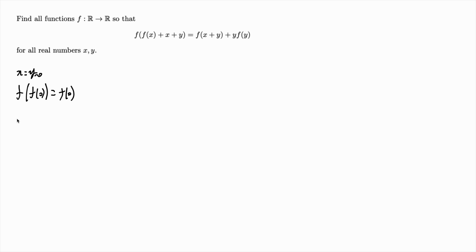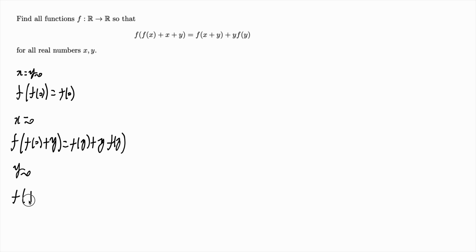Now the next fundamental thing that we normally do is substitute x equals 0. So we have f(0 + y) equals f(y) plus y f(y). And as you might have guessed, the next thing that we usually do is substitute y equals 0. So there's no advanced stuff, just the things that we all do.